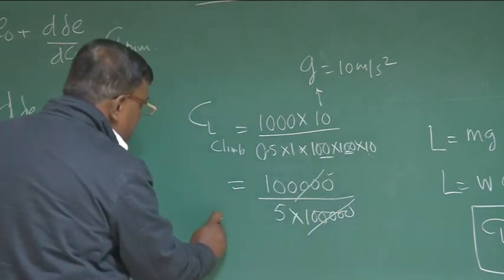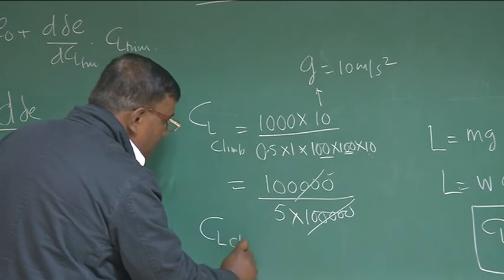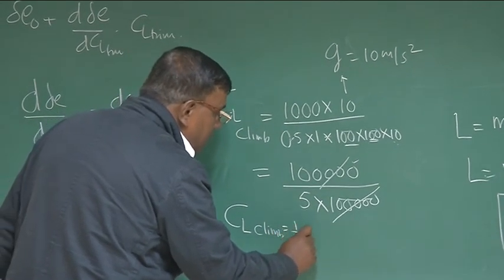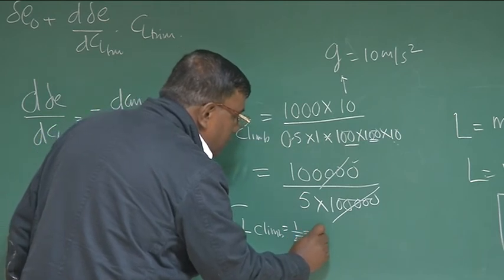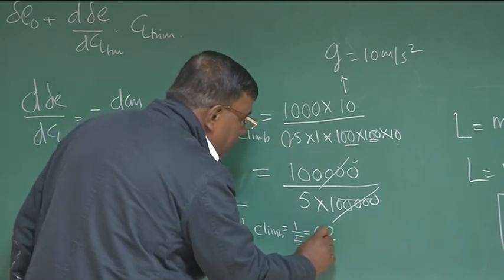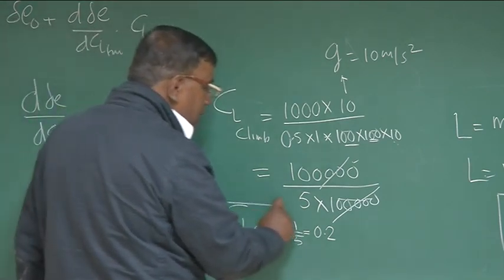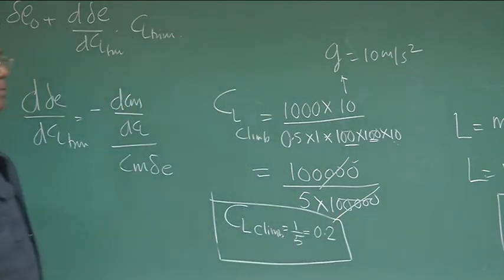So I am getting CL climb equal to 1 by 5, and that is equal to 0.2. Correct? So I have to fly at CL equal to 0.2.